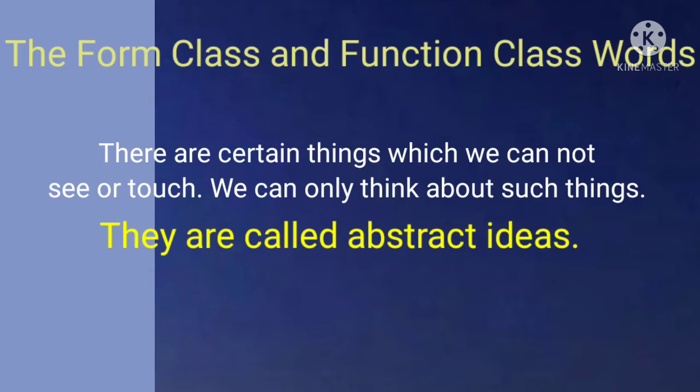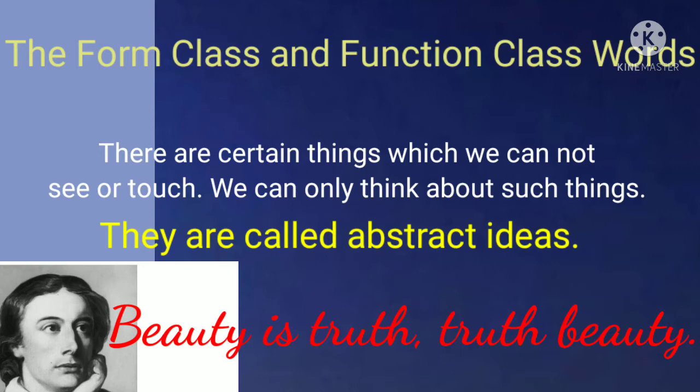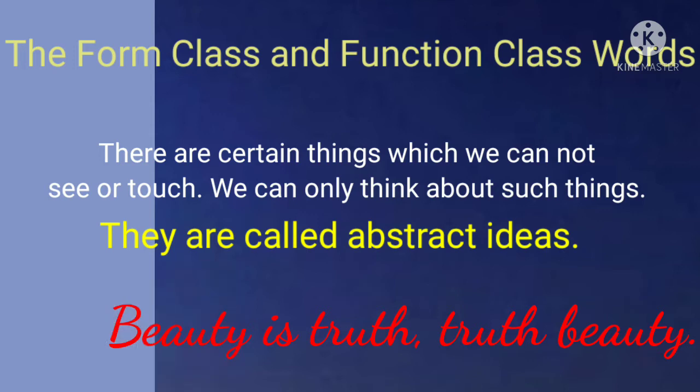For example, the famous line of John Keats, beauty is truth, truth beauty. Here beauty and truth are abstract ideas because we cannot see or touch them. We can see a person who is beautiful. We can see an example for truth, but we cannot see the phenomena beauty and truth.